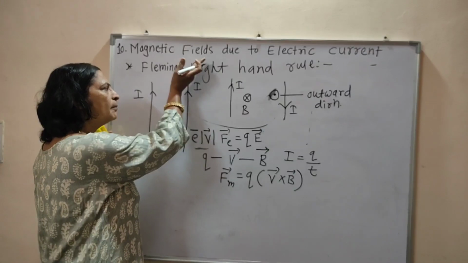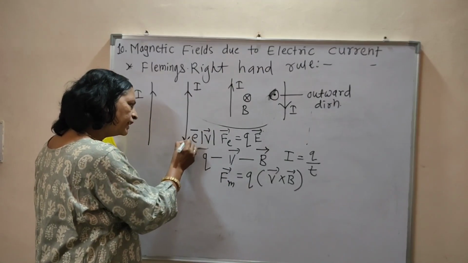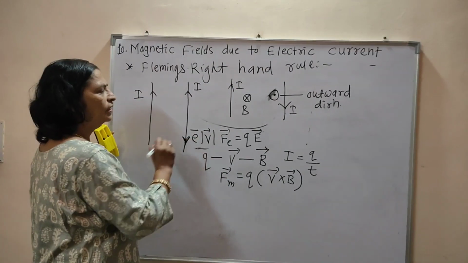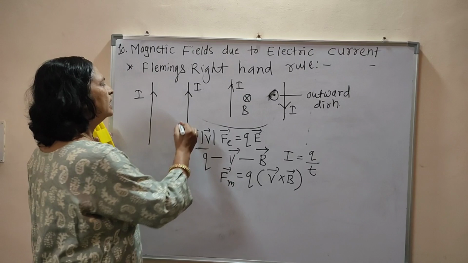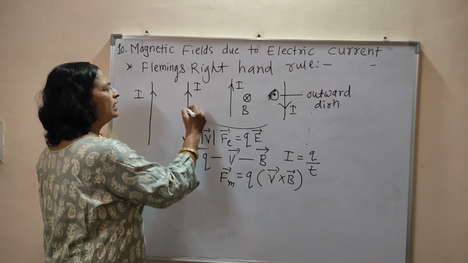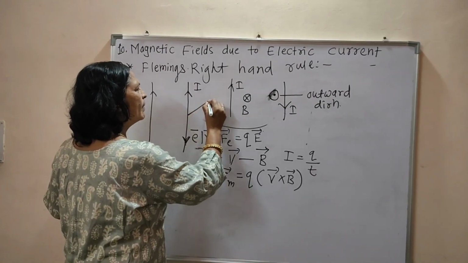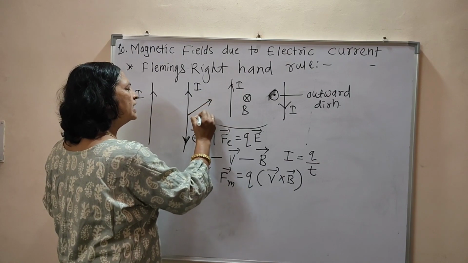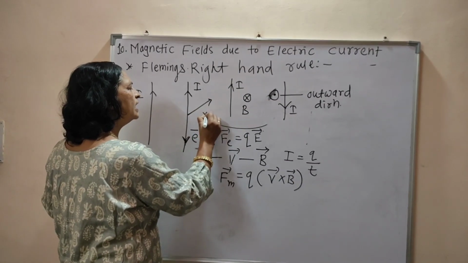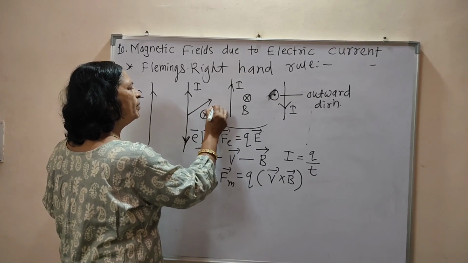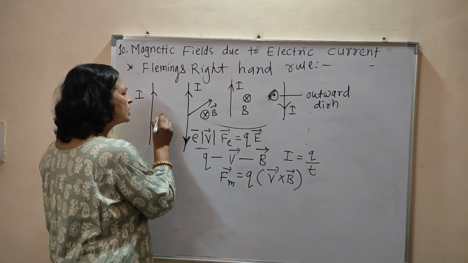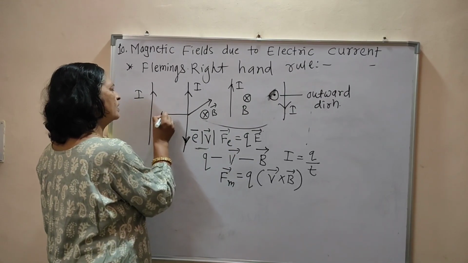When current is in upward direction, then velocity vector is in downward direction. Now the magnetic field, when current is in upward direction, is in this direction, meaning inward direction. This is the direction of B, and force is in this direction.